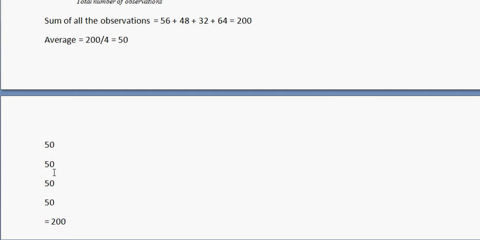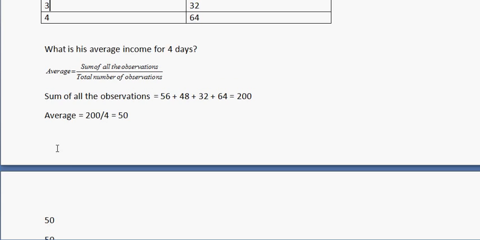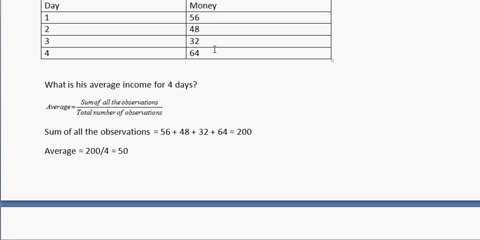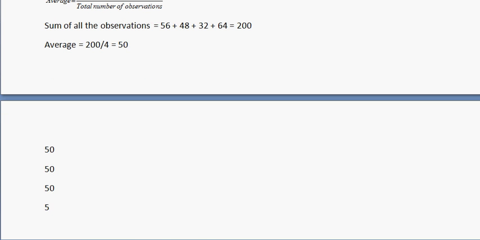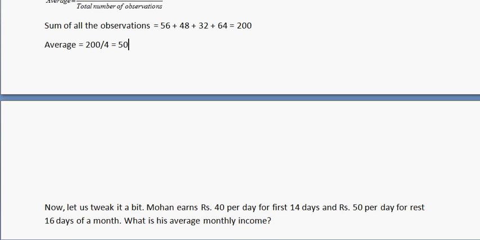So if his income were not variable but fixed at a certain number, that number should be the average of what he is earning on all these 4 days.